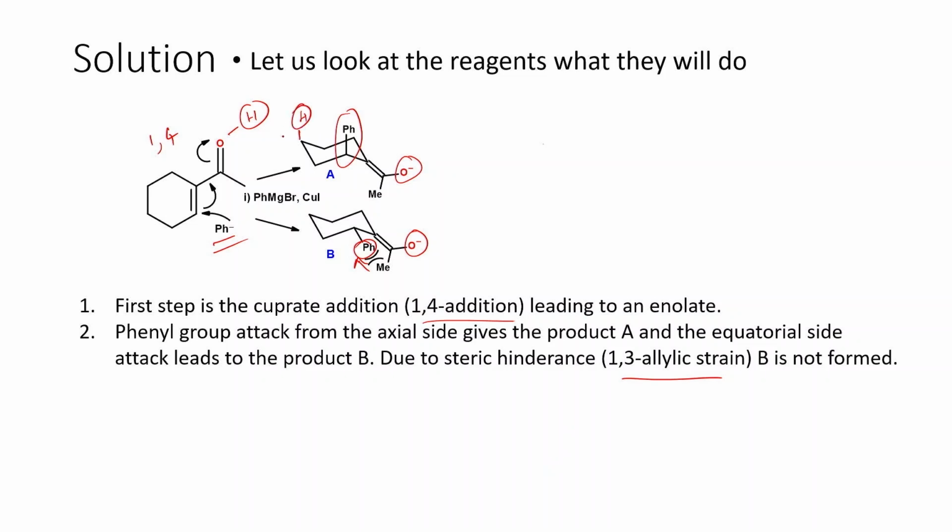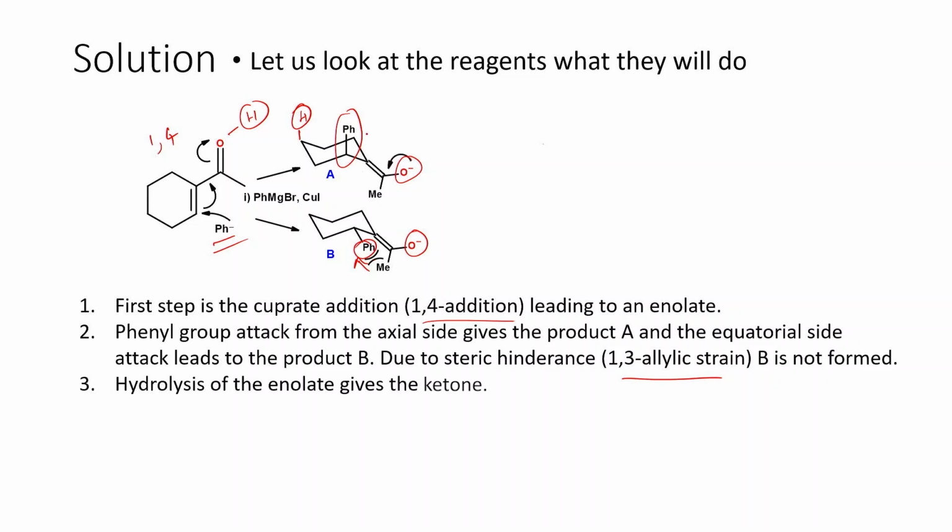So the 1,3 diaxial strain may exist in A, but it is not very high compared to the 1,3 allylic strain because of the bulky methyl group. The phenyl group and the methyl group are in close proximity. Because of the steric repulsion, this particular intermediate is actually not formed.